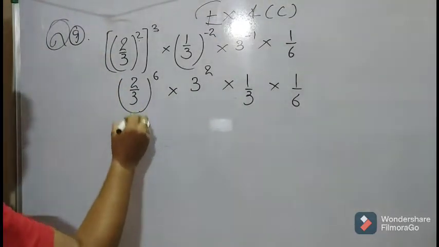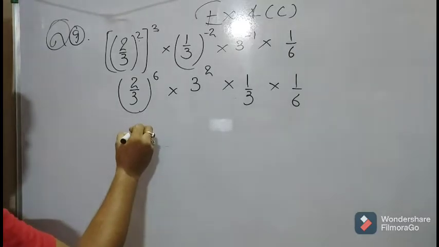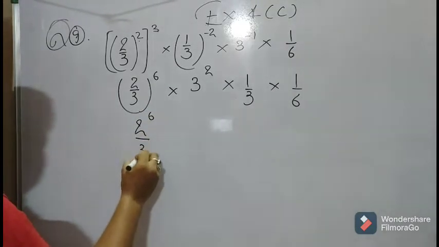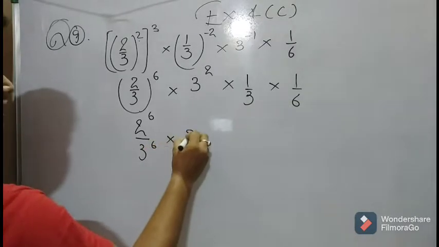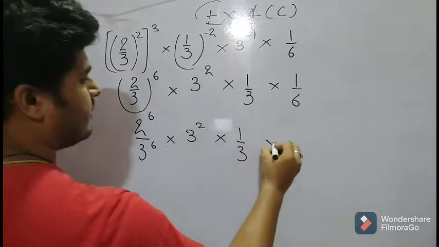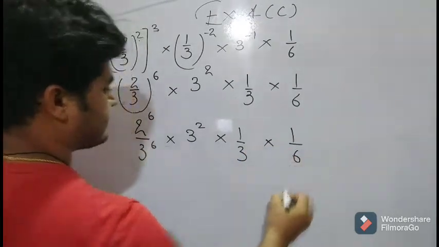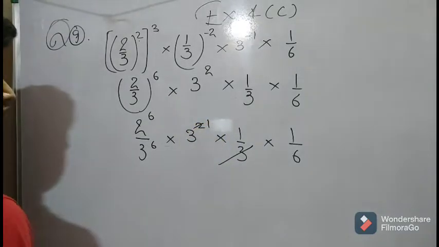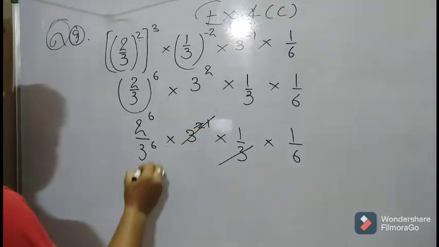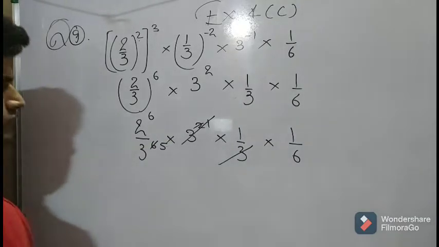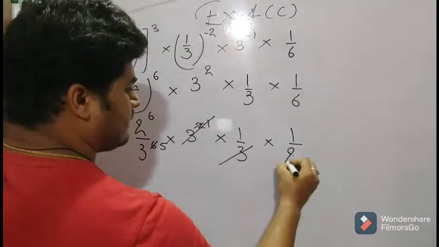So 2 to the power 6 upon 3 to the power 6 multiplied by 3 to the power 2 multiplied by 1 by 3 multiplied by 1 upon 6. So 3 to the power 2 and 3 will make it 3 to the power 1, and this 3 to the power 1 will make this 6 to the power 5. Now 6 can be written as 2 into 3.